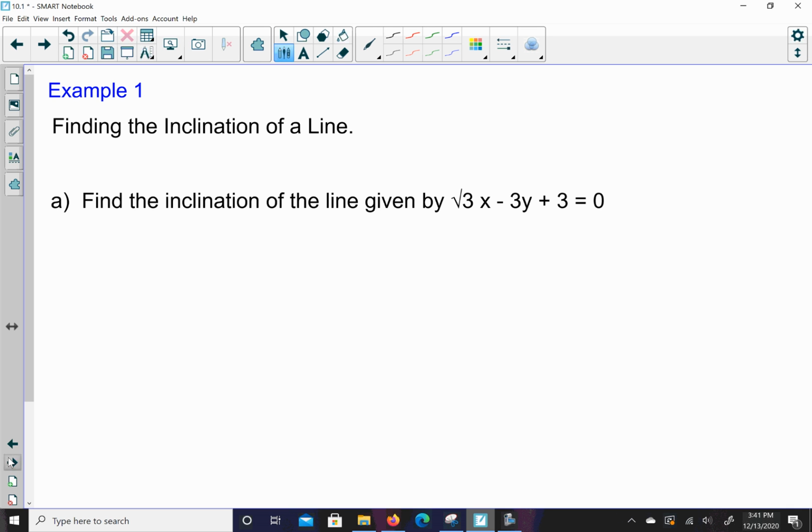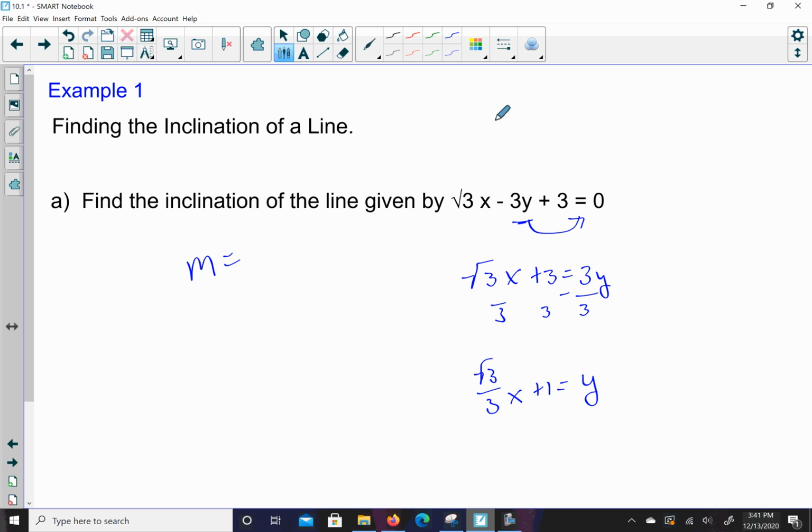Find the inclination of a line given the equation. The first thing I have to do is find the slope. I'm just going to solve this in terms of y. I'm going to take the 3y over to this side and have the square root of 3 x plus 3 is equal to positive 3y. Divide everything by 3, and I have the square root of 3 over 3 x plus 1 is equal to y.